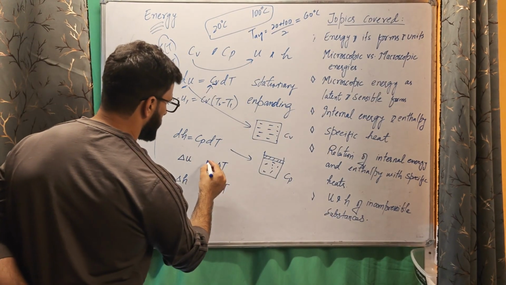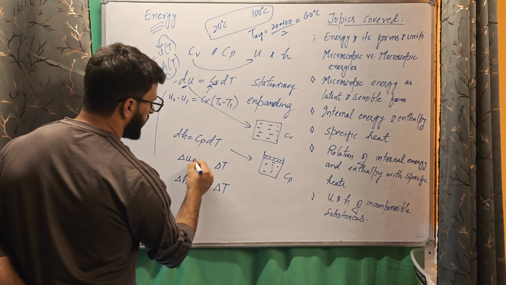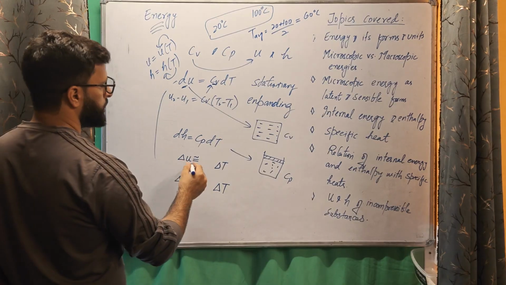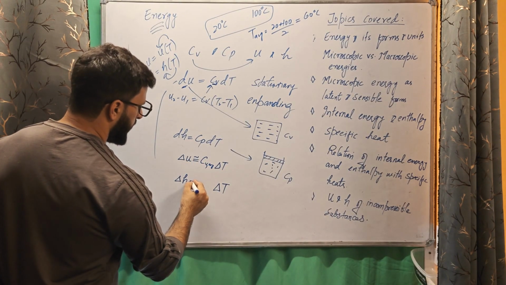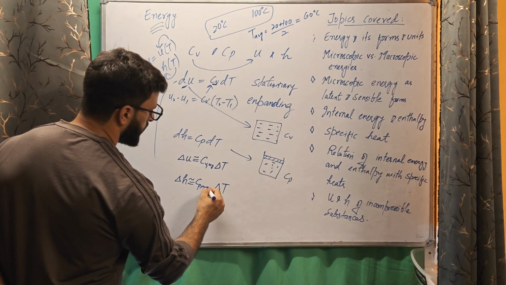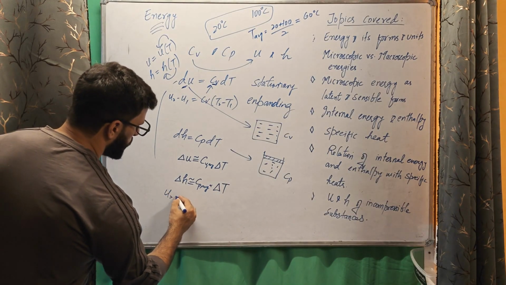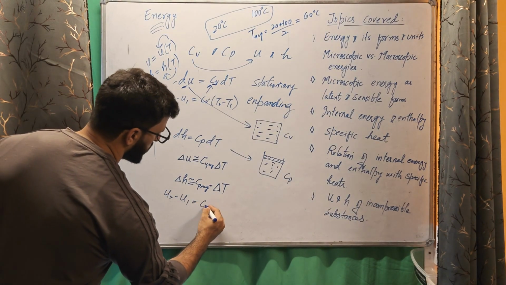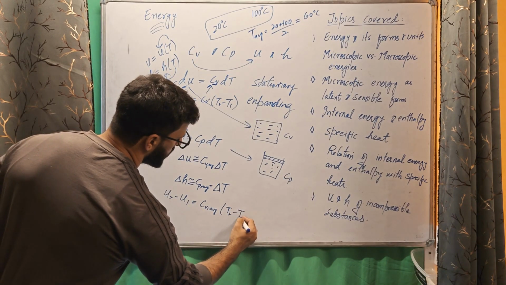That is CP average and CV average, and we write the finite change in internal energy as approximately CV average delta T, and the finite change in enthalpy as CP average times delta T. So we can write U2 minus U1 equal to CV average, which will be one value, times (T2 minus T1).